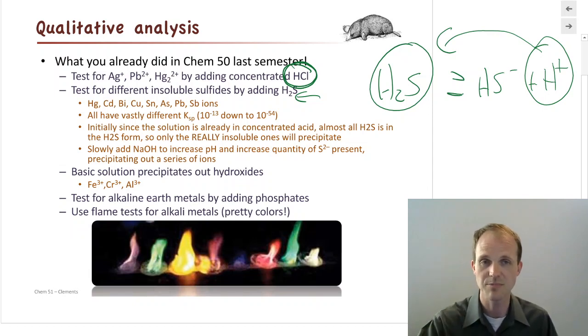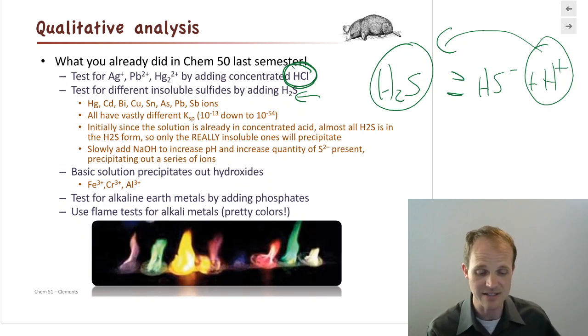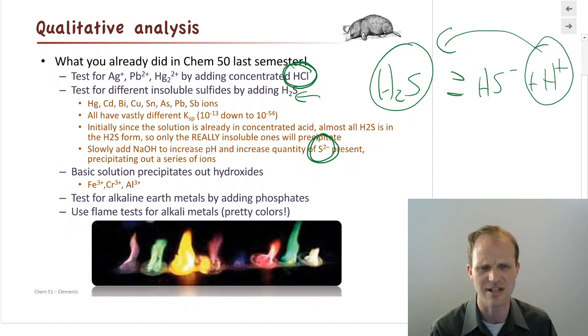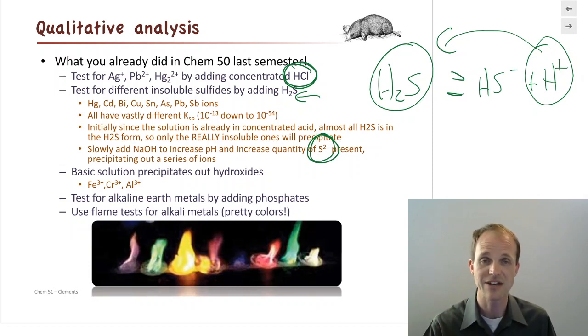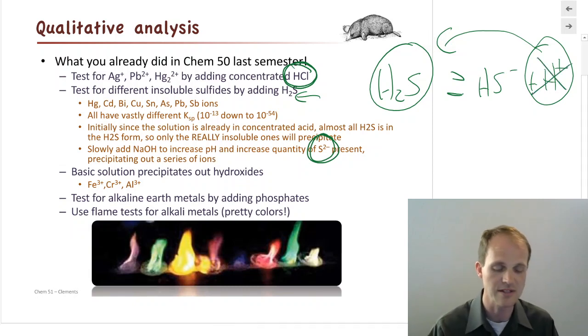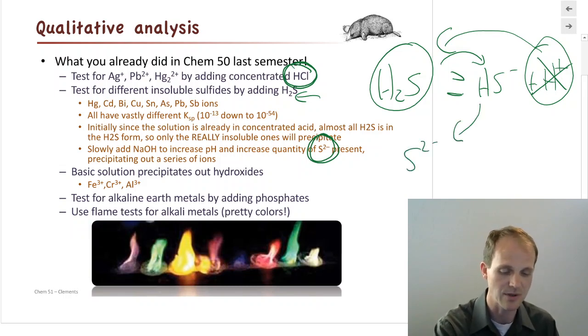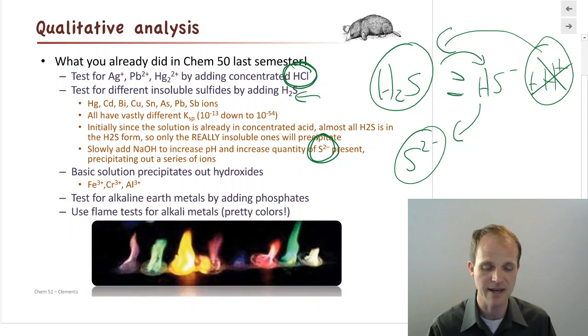So your concentration of HS minus and your concentration of S2 minus, which is what these things actually precipitate with, is extraordinarily small. So what you do is you start titrating with hydroxide ion. And as you start titrating with hydroxide ion, you start removing some of that, and you start to shift this equilibrium to the right. And in fact, you can even start shifting that next equilibrium to the right to form some amount, very small amount of S2 minus.